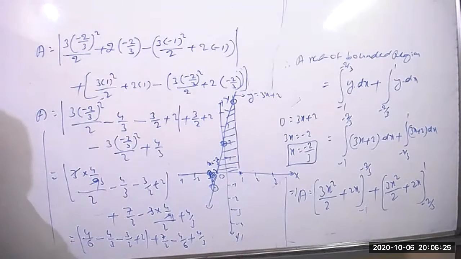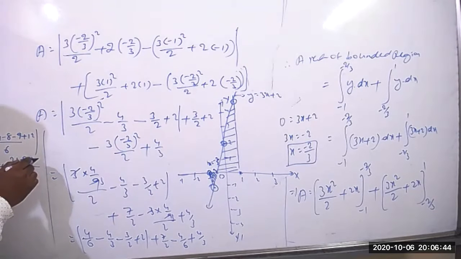Taking inside the bracket separately, 6 is the LCM here now: 4 minus 8 minus 9 and plus 12. Here also 6 is the LCM, so 21 minus 8 plus 8, and these two also will be cancelled.